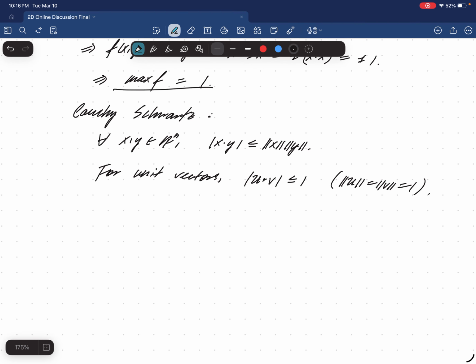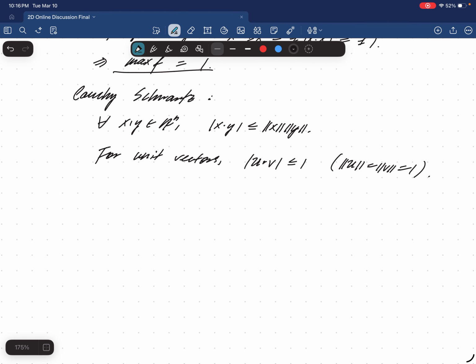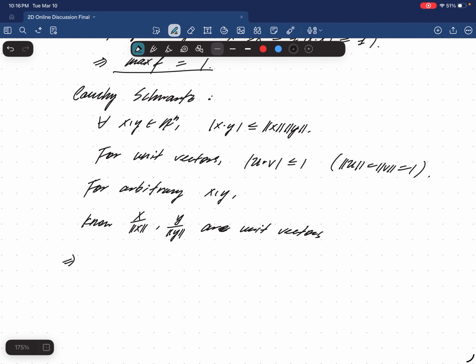So I know Cauchy-Schwarz is true for unit vectors, but for arbitrary x and y, I can normalize them. I know that x over the norm of x and y over the norm of y are unit vectors. And so Cauchy-Schwarz holds, and so the absolute value of x over norm x dot y over norm y is no larger than 1.